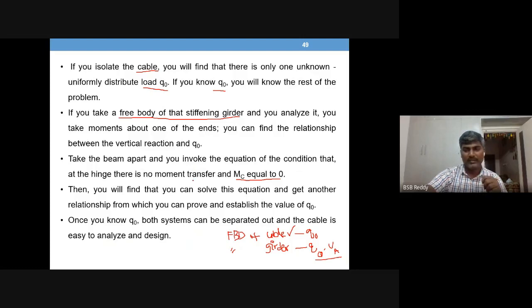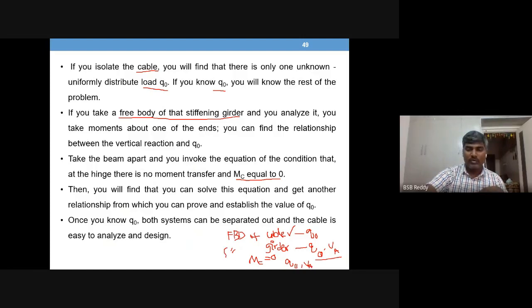This is important, right? So the moment at the third hinge should be made equal to 0. This is the additional equation that is required. MC is equal to 0, to formulate the equation again in terms of Q naught and VA.